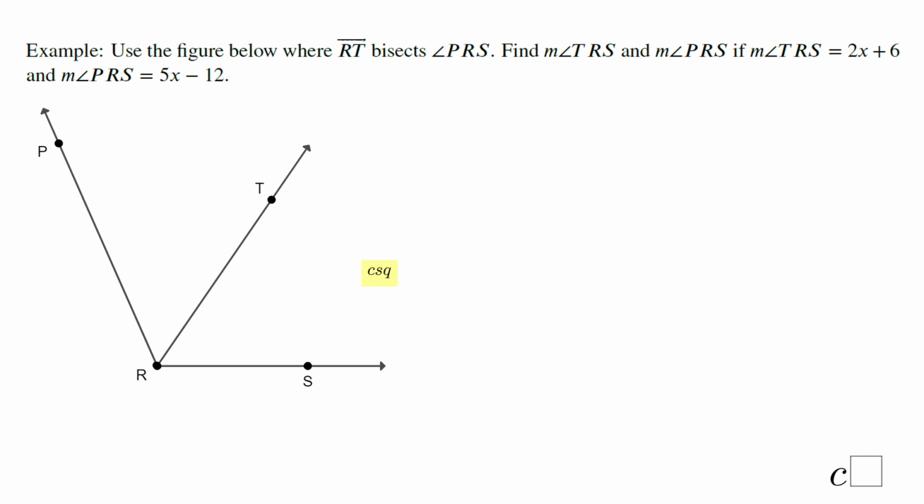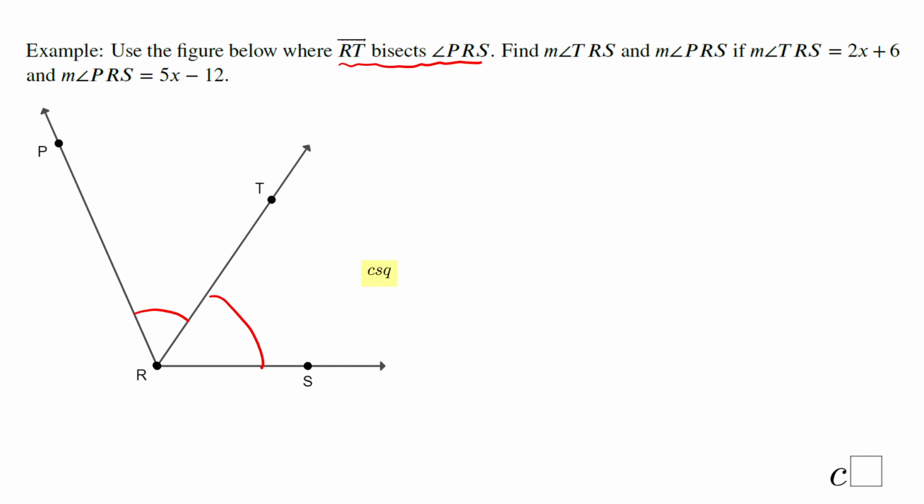Use the figure below where RT bisects angle PRS. So that being given, the first thing you want to do is mark these two angles. They are congruent. Why? Because RT bisects angle PRS. That's the meaning.